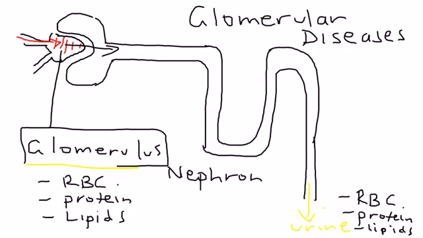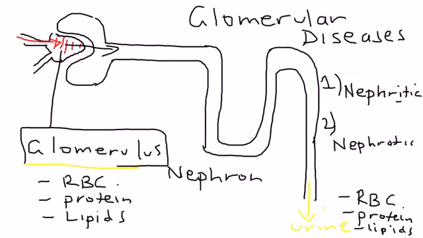They're too big. Now, there's two types of glomerular diseases. Well, there's many types, but there's two main categories. The first is called nephritic, with an I, and the second one is nephrotic, with an O. They sound similar and are spelled almost the same, but there's one letter difference, and that makes all the difference. So let's start with nephritic.